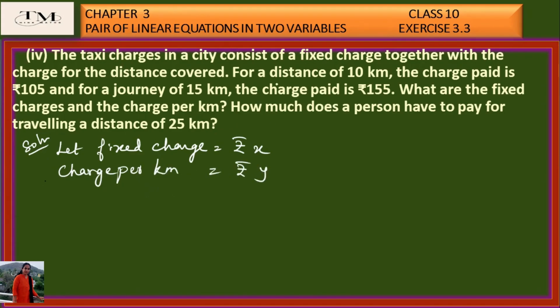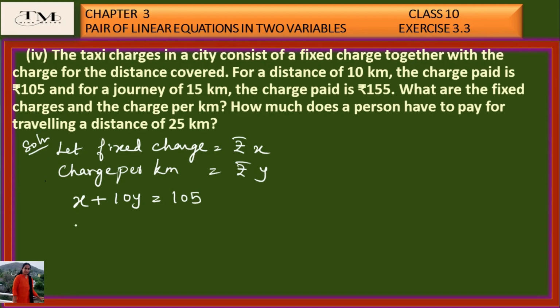So what they give, for a distance of 10 kilometer, the charge paid is rupees 105. So it is nothing but fixed charge plus, so per kilometer it is Y. For 10 kilometer it will be 10Y. So whose charge is 105. In the same way, for a journey of 15 kilometer, the charge paid is 155.